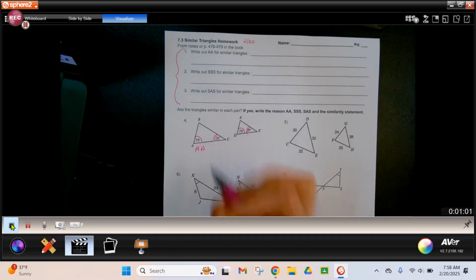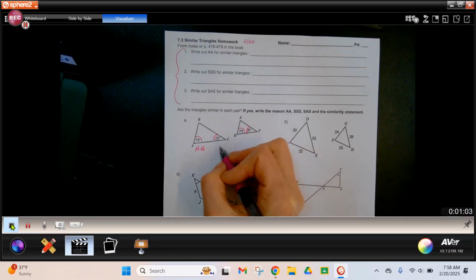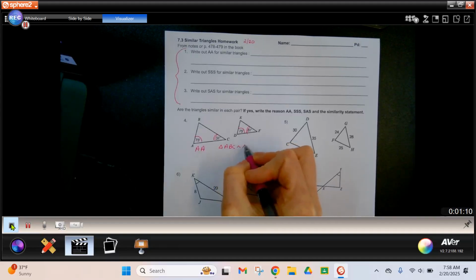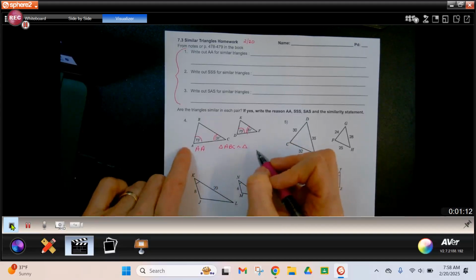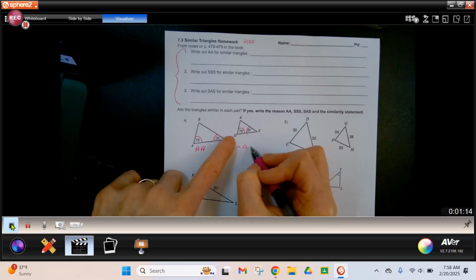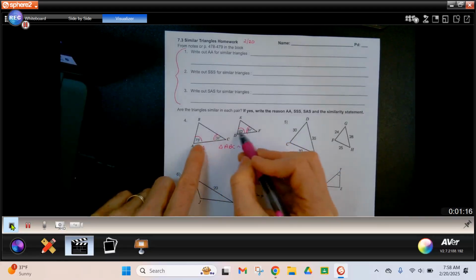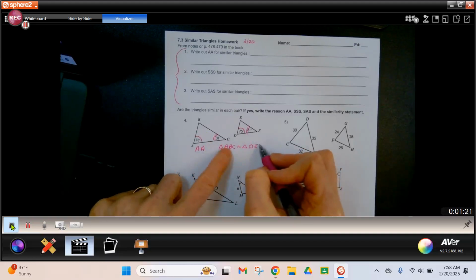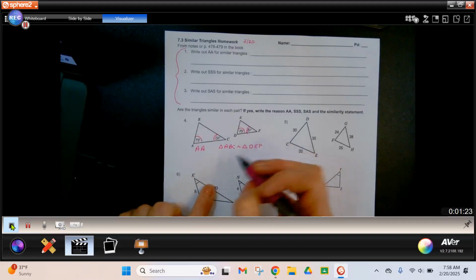Angle, angle. And the similarity statement then would be triangle ABC is similar to triangle D, because those are the corresponding angles, E, and then F, because F and C are corresponding.